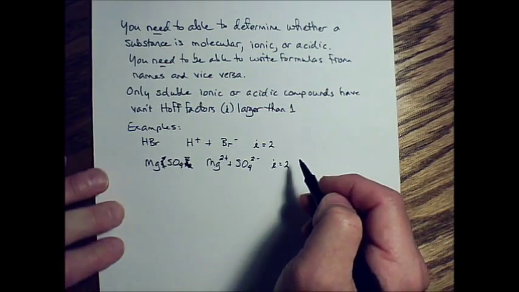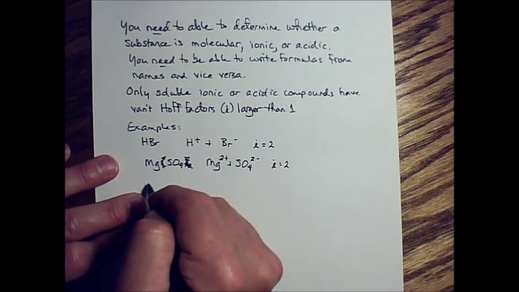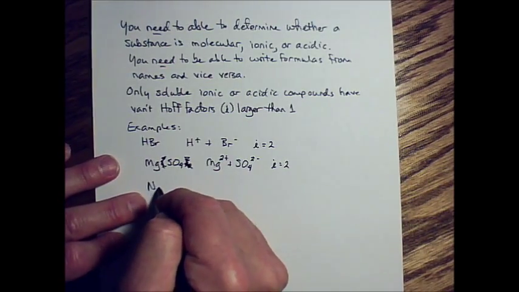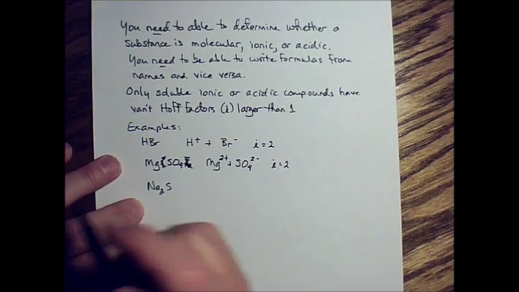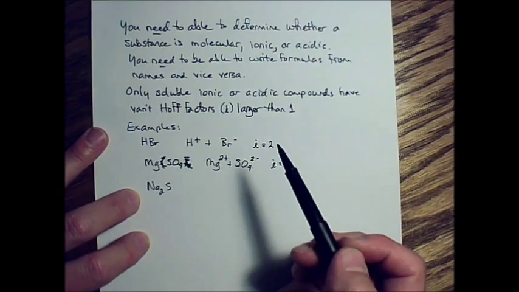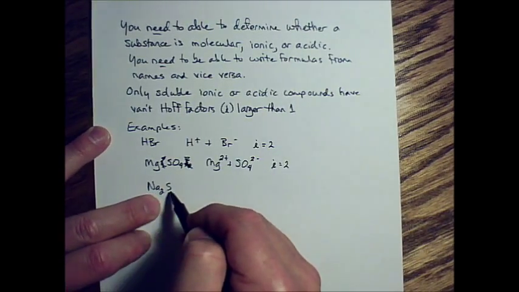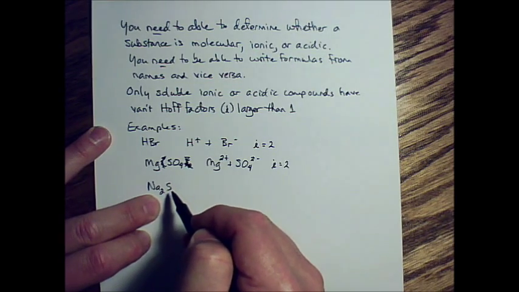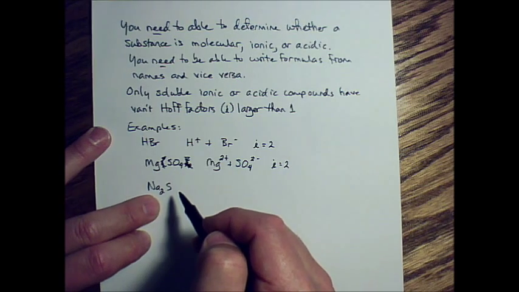Okay? If I give you a name, well, let's see. Let's do one other compound. Let's do Na2S. Okay? You need to know if it's ionic, acidic, or molecular. We have a metal combined with a nonmetal. That means this is ionic. Ionic compounds can dissolve in water.